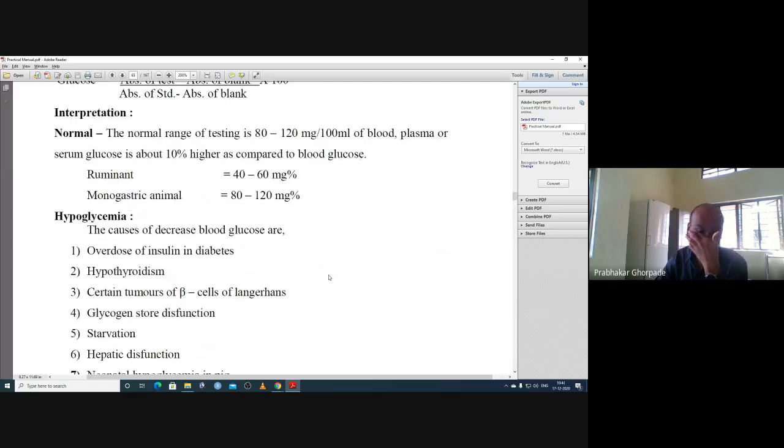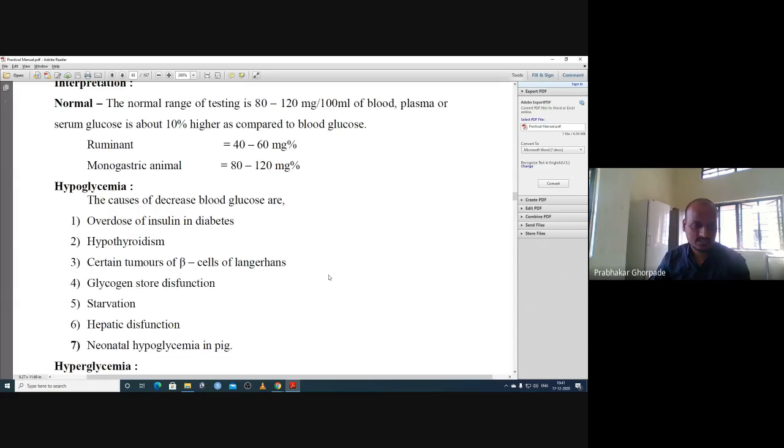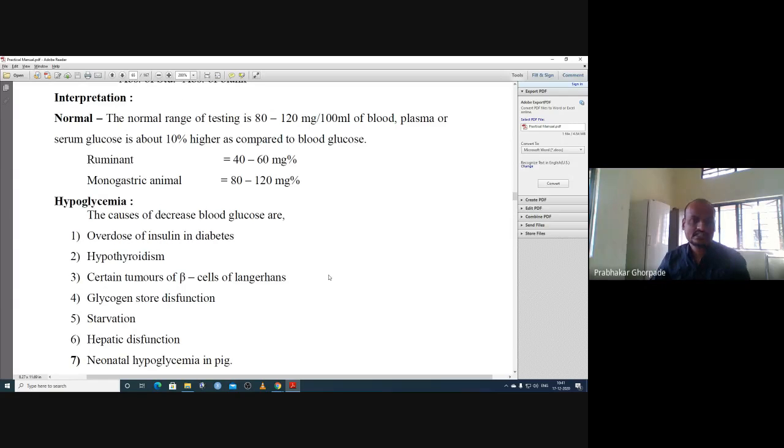Next, coming to the interpretation part. Why do we do all this, and why take so much stress to do all these things? Because we have a normal range. All human beings, cows, or dogs have a particular range of glucose in them, and we want to see whether this glucose is higher or lower than the expected value.